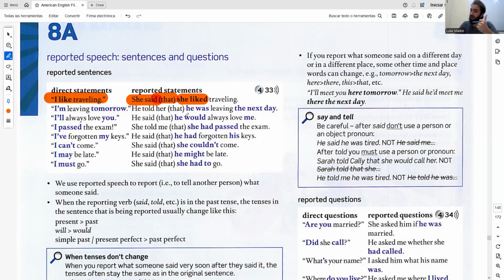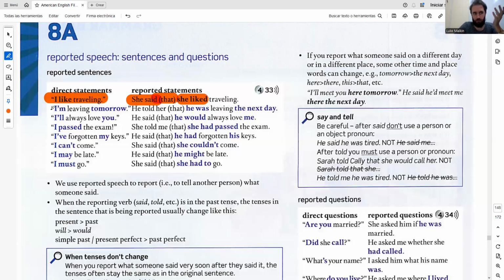Why? Because she said this in the past. When? I don't know. But what was present for her is past for me, because she said, I like traveling in the past. So my report is past. She said that she liked traveling.